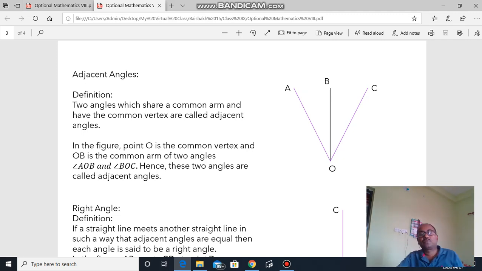Whenever two angles share a common arm and common vertex, then those two angles are called adjacent angles. Remember it, adjacent angles. So in this figure, point O is the common vertex and OB is the common arm of two angles, angle AOB and angle BOC. Hence, these two angles are called adjacent angles.